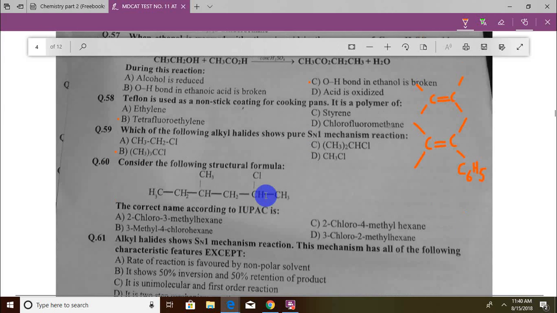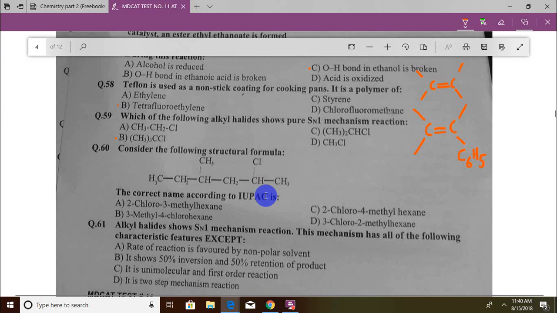So you need to consider the following structural formula. So what is the correct name according to IUPAC? Again, naming. Number one, you have to identify the longest carbon chain. 1, 2, 3, 4, 5, 6. 1, 2, 3, 4, 5. So it's this one. Now we have two substituents.